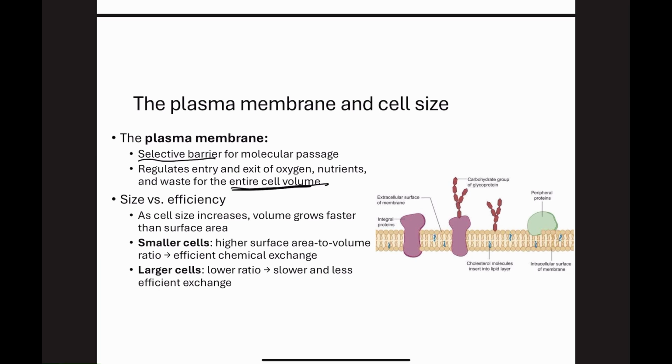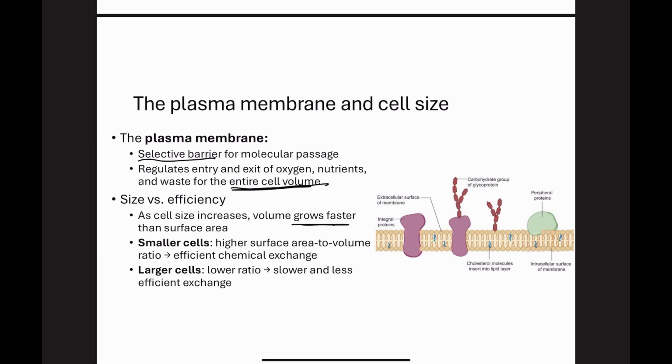The surface area and volume of a cell must retain a certain relationship in order for that surface area to be able to keep up with the demands of the cell. And the problem with increasingly larger cells is that the volume is always going to grow faster than its surface area.